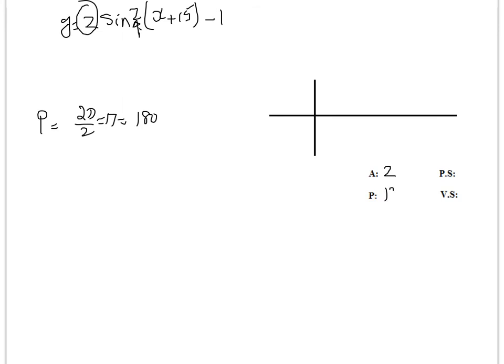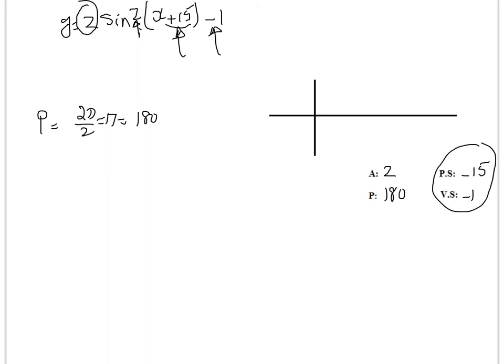So the period is 180. Now, to find the phase shift, get the number inside the bracket and flip the sign. So the phase shift is negative 15 degrees. And the vertical shift is negative 1, going down.